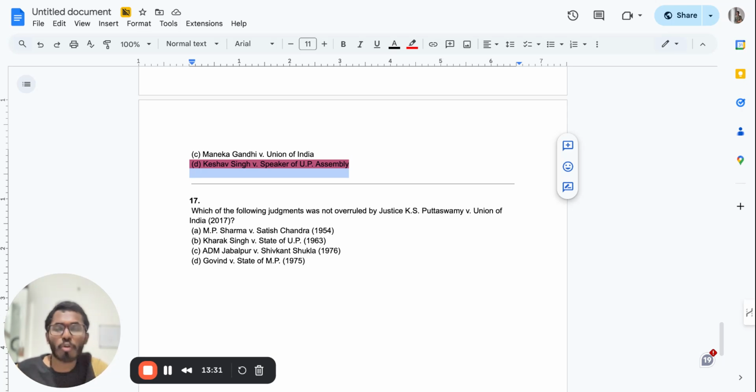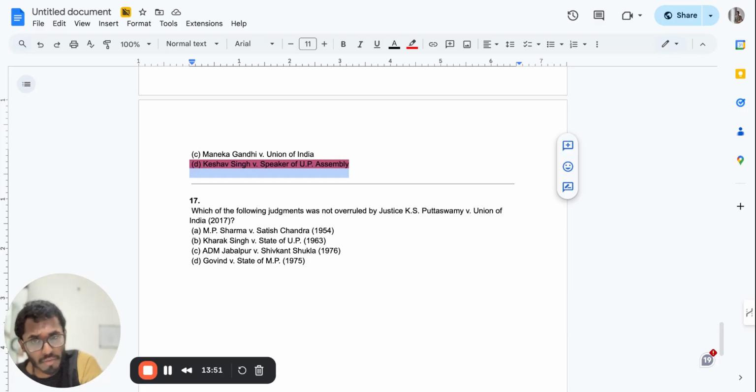It was not overruled because in this case they decided that privacy is a fundamental right, with reasonable restrictions. In the other three cases they overruled.